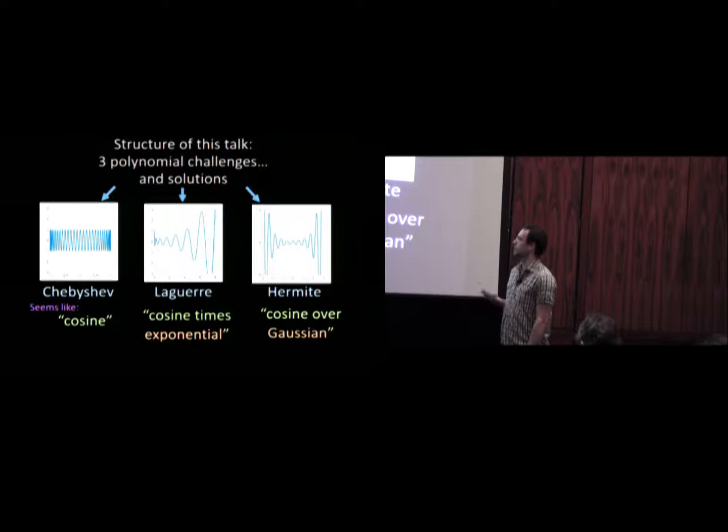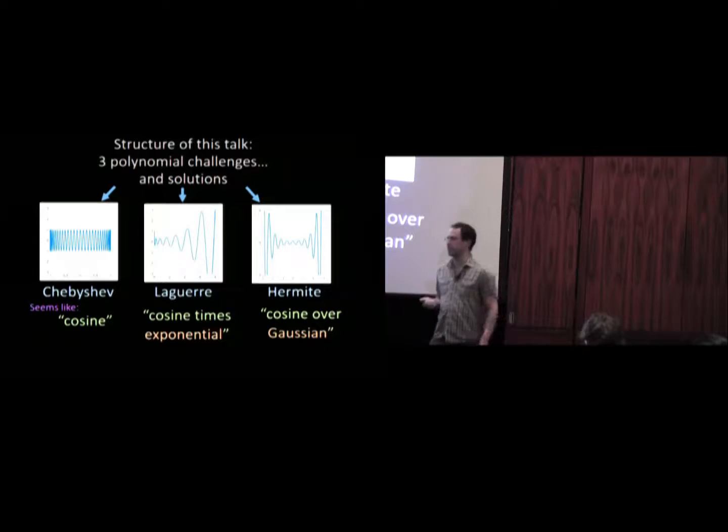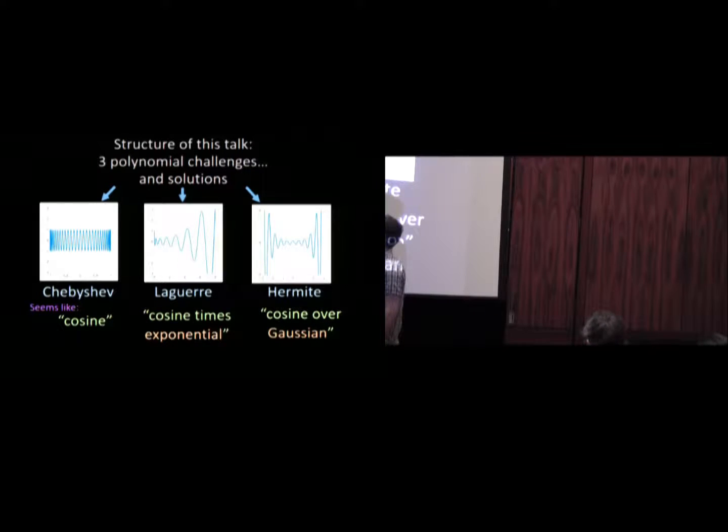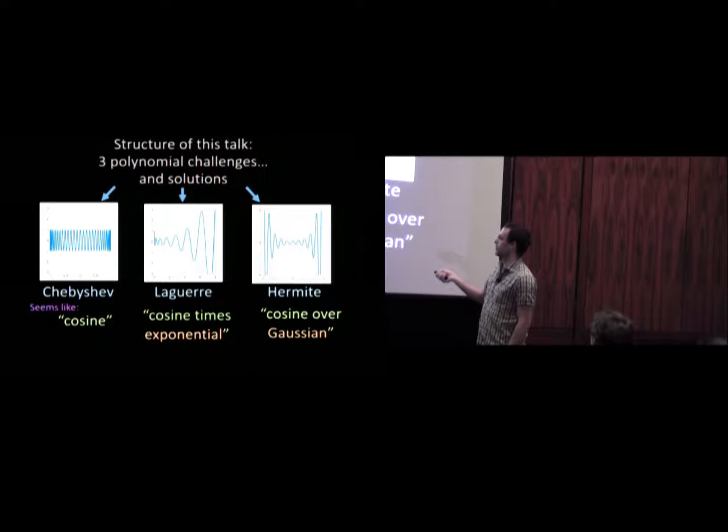So the definitions of these, there are of course many definitions, but Chebyshev is defined as the class of orthogonal polynomials on the interval from -1 to 1. Laguerre is defined to be orthogonal on the interval 0 to positive infinity with respect to the e to the minus x normalization function.